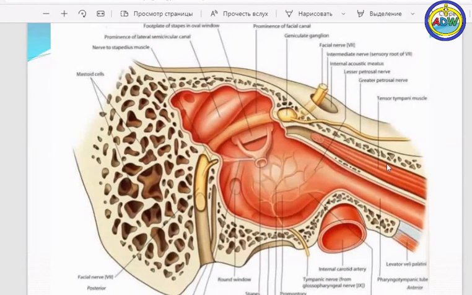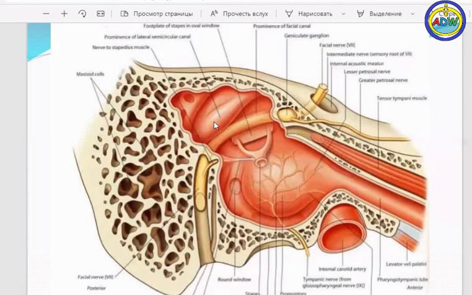And you can see all these structures are located near each other, and that is why there may be paralysis of the facial nerve. This is the semicircular canal. Sometimes there will be destruction, and usually in a chronic case, the patient has a fistula symptom, positive fistula. What is it?